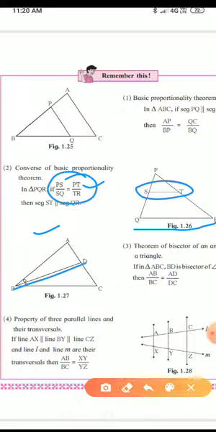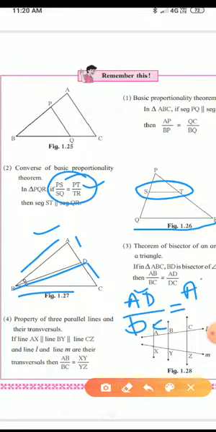Then we have the ratio AB upon BC is equal to AD upon DC, or we can write in the opposite direction: AD upon DC is equal to AB upon BC. This is the theorem of bisector of an angle.